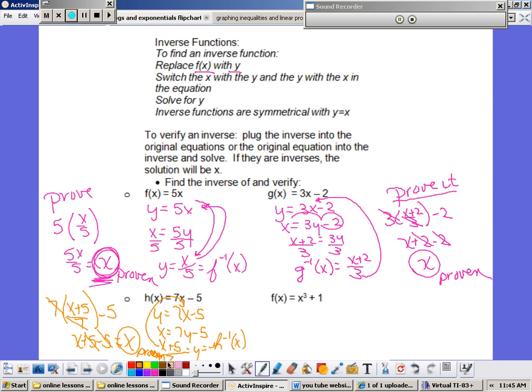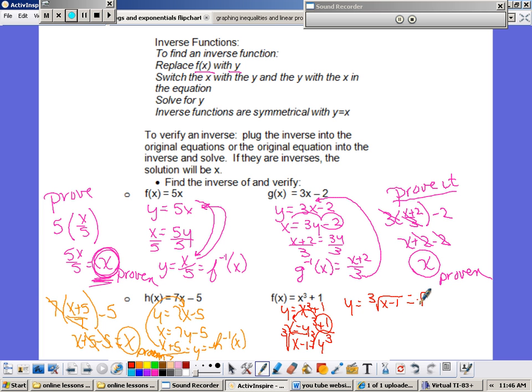E would be nice. y equals x to the third plus 1. Switch. x is equal to y to the third plus 1. Move the 1. x minus 1 equals y to the third. Cube root it. y is equal to the cube root of x minus 1.